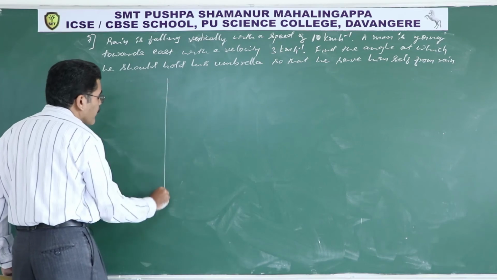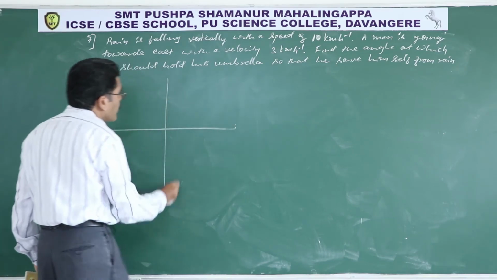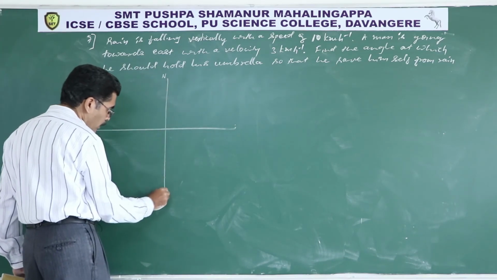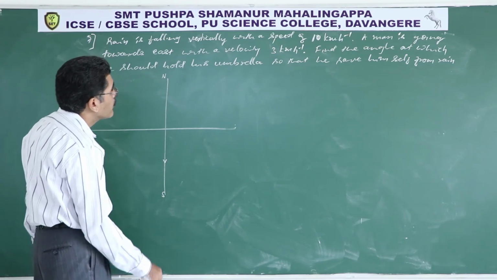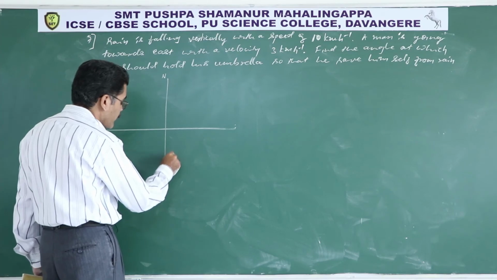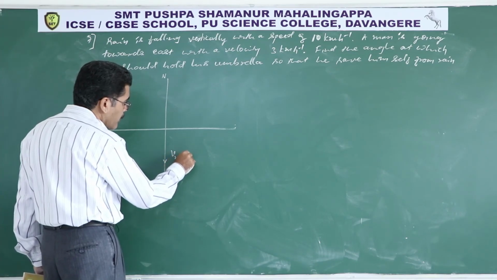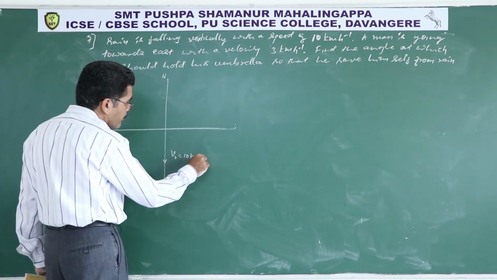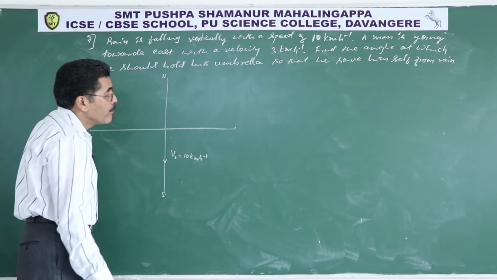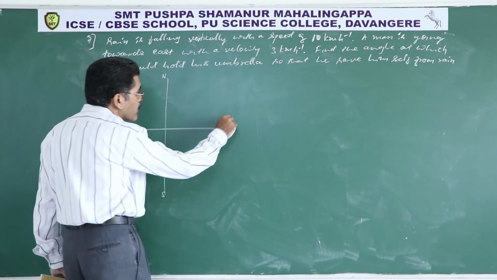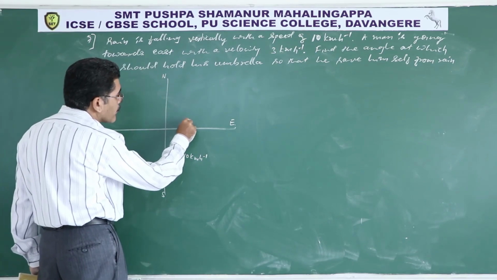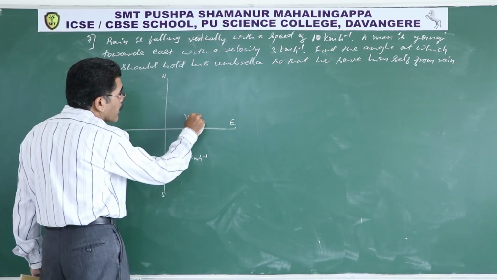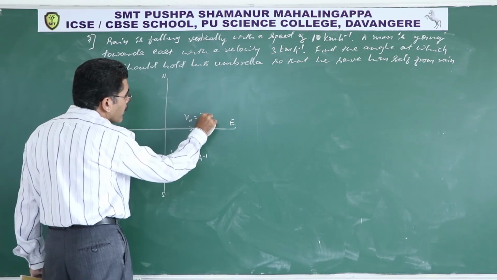See here, rain is falling downwards. What is the speed? 10 kilometers per hour. The man is going east with a velocity of 3 kilometers per hour.